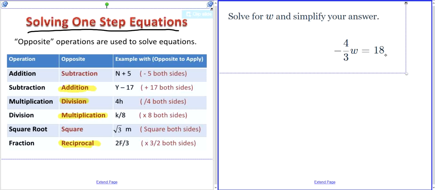You could write it the way it's written here, or you could write it as negative 4 over 3, or 4 over negative 3. But the negative has to be for one, either the numerator or the denominator. So that's how the negatives work. Because if you had a negative in both the numerator and the denominator, then it would be positive. You don't want that.